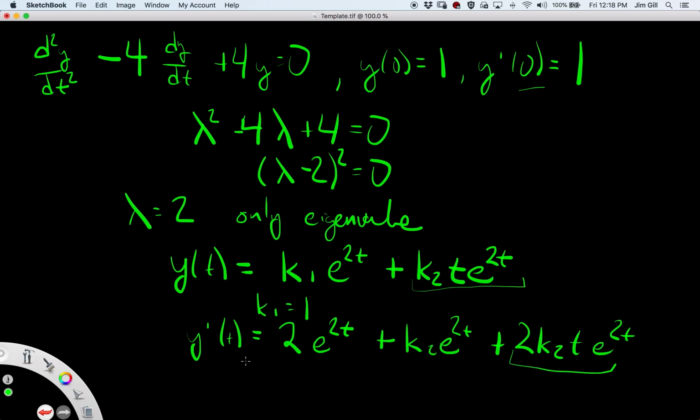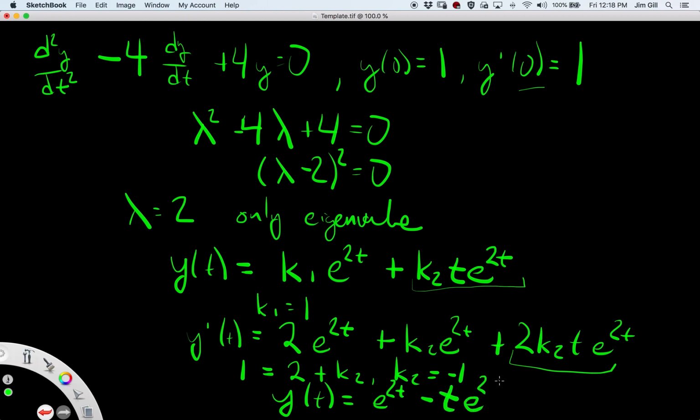And we have 1, which is supposed to be the derivative at time 0, equal to 2 plus k2. So that means k2 must be equal to minus 1. So our solution is e to the 2t minus t e to the 2t. So those are three different examples of solving a second-order linear equation with constant coefficients.